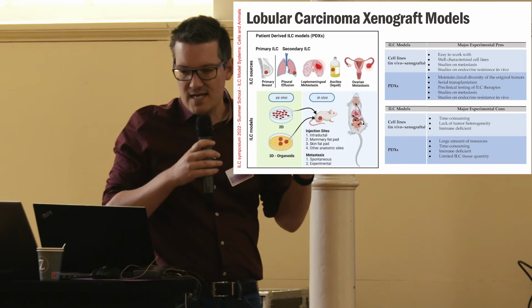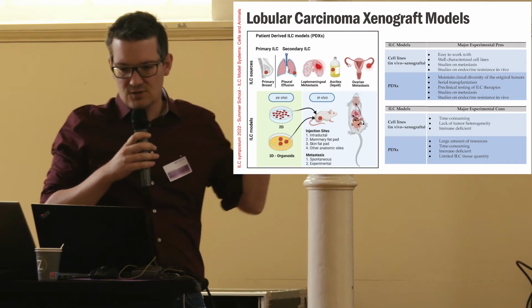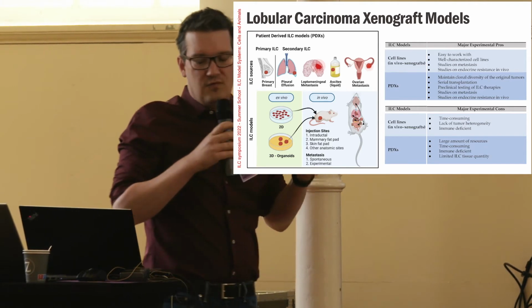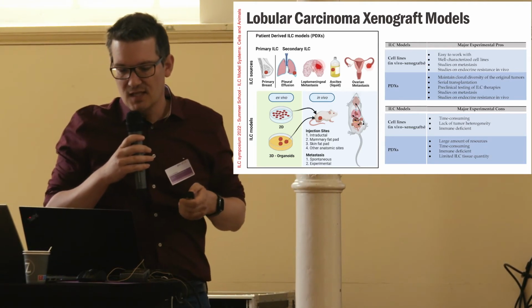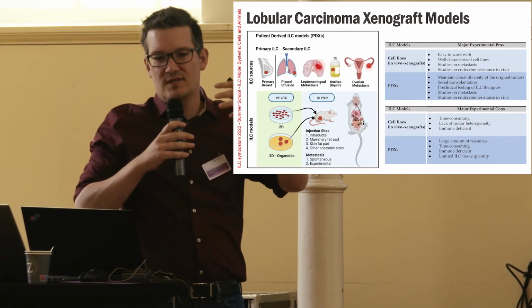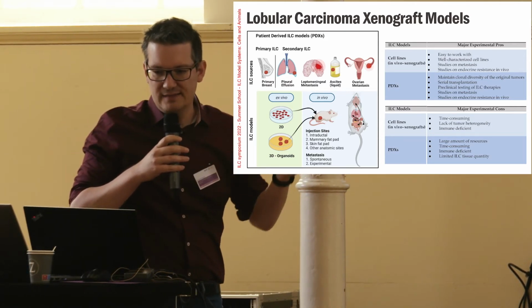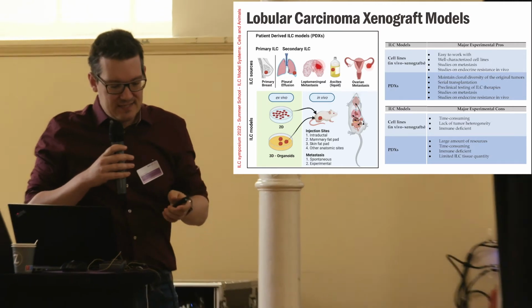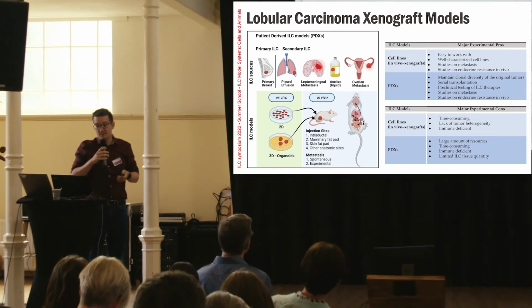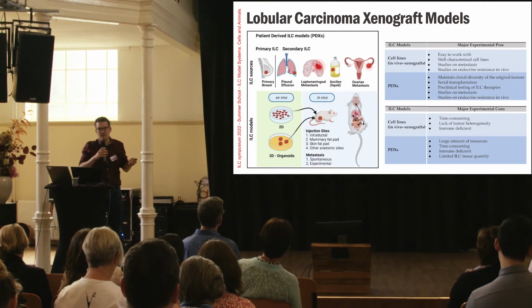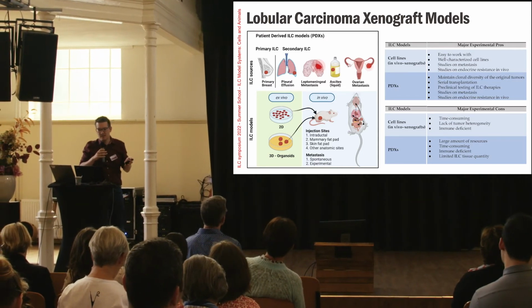So here, I just want to mention some pros and cons of these models, the cell lines and the PDX. First of all, it's very easy to work with the cell lines because they are available. You can take them from a lab, you can buy them. They are very well characterized, and you can study endocrine responses, for example, in vivo.